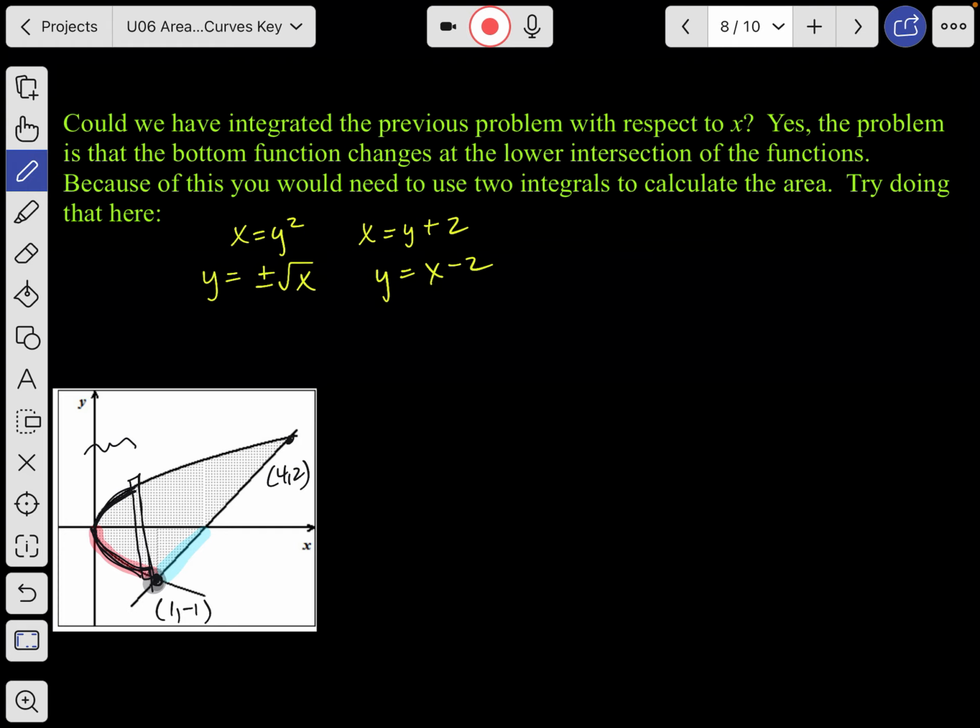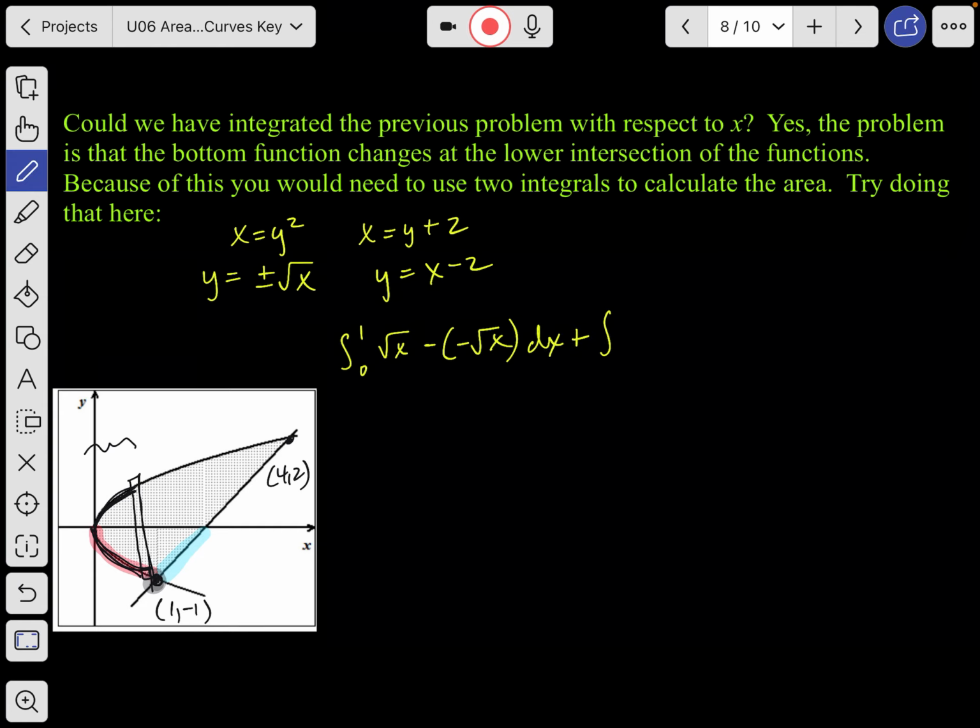Okay, let's write our integrals. So the first integral is going to be from 0 to 1. 0 is the origin up to an x value of 1, and I'm going to have the positive square root minus the negative square root. So this is going to be square root of x minus the negative square root of x dx.